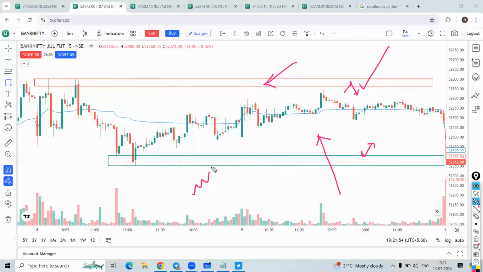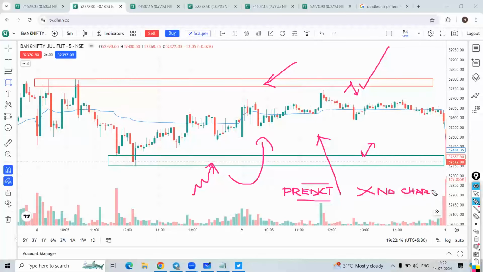Taking a directional trade by knowing the direction with chart confirmation is far better than taking a zero useless time pass trade by blindly predicting with no chart confirmation.